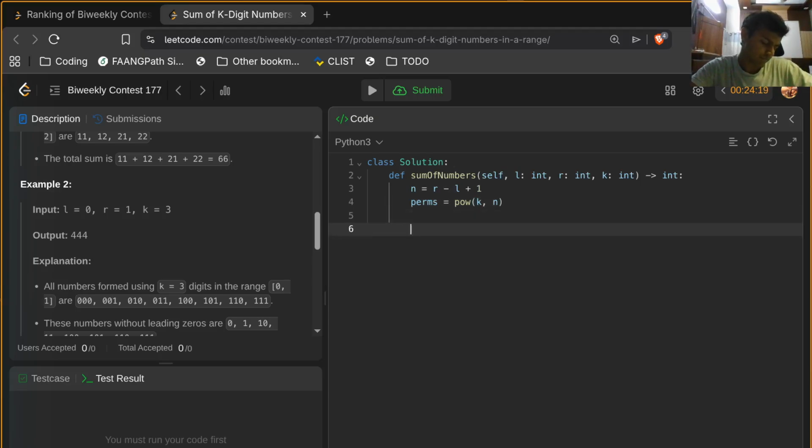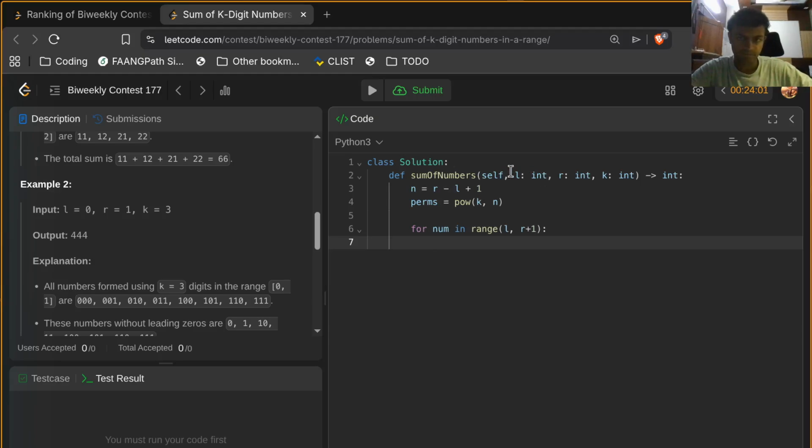Okay, that is the total number of permutations. So for num and range plus 1, P is equal to terms divided by k.